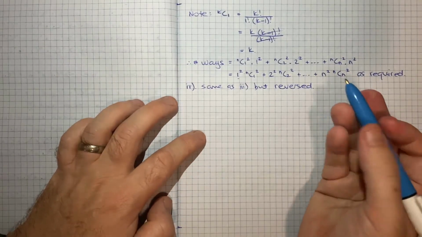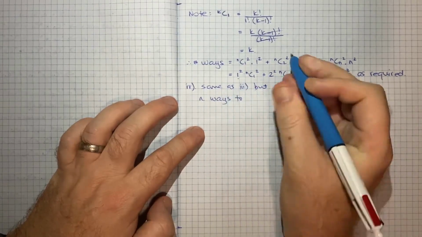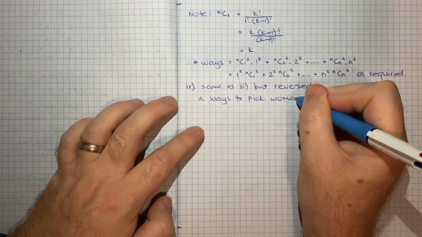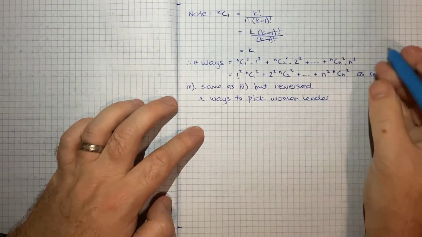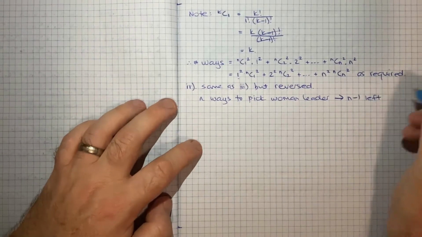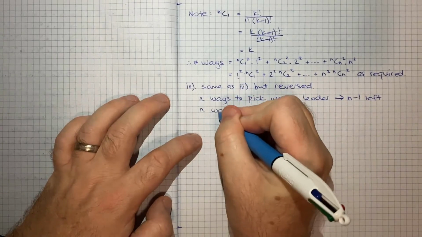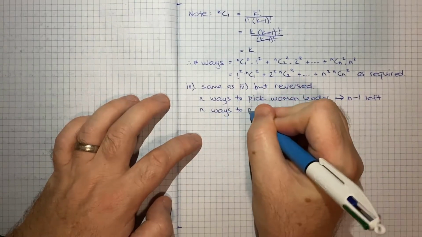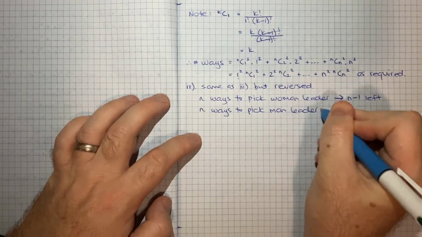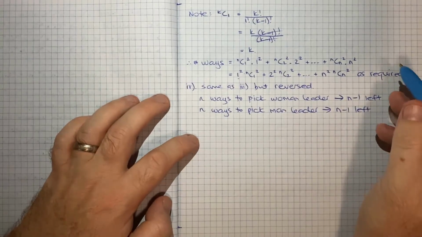So in that case, there'd be n ways to pick the woman leader, and then there'd be n minus 1 women left to choose. And it's the same with the men, n ways to pick the man leader, and then you'd be left with n minus 1 men left to choose from.